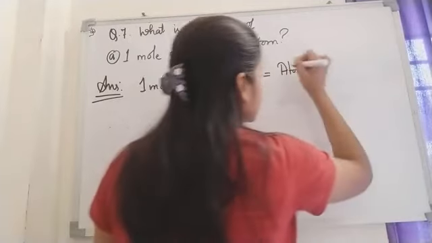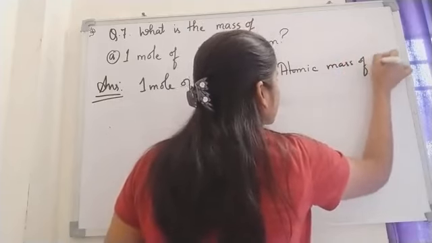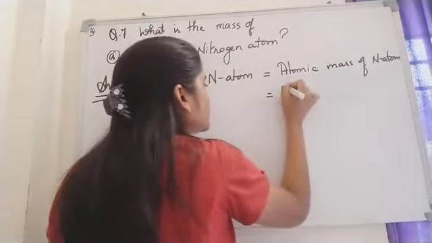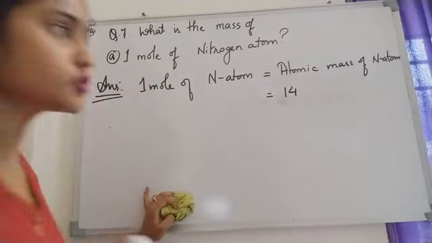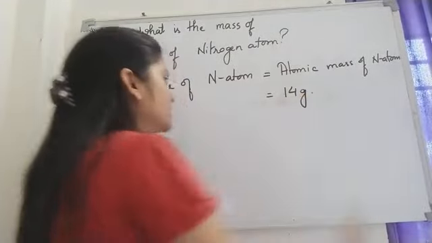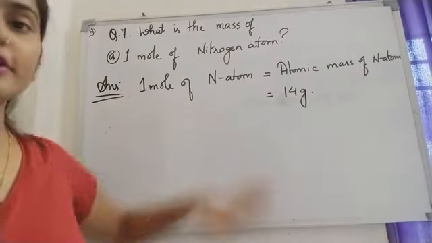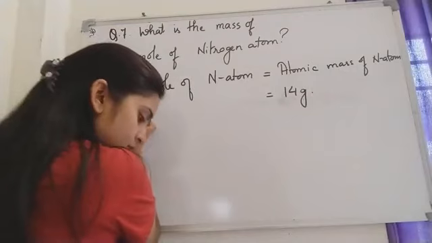Since it's an atom, not a molecule, we'll write atomic mass of nitrogen atom. The atomic mass of nitrogen atom is 14. The unit should be gram. So what is the mass of 1 mole of nitrogen atom? It is 14 grams.